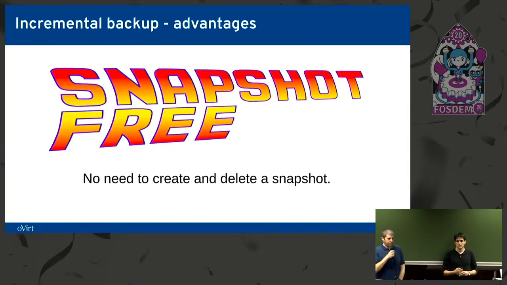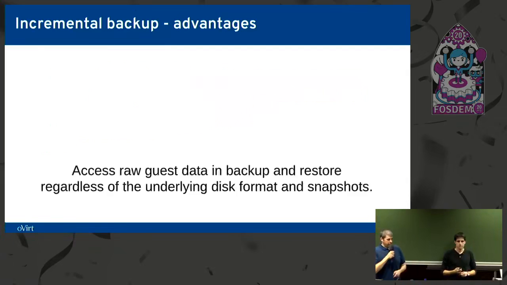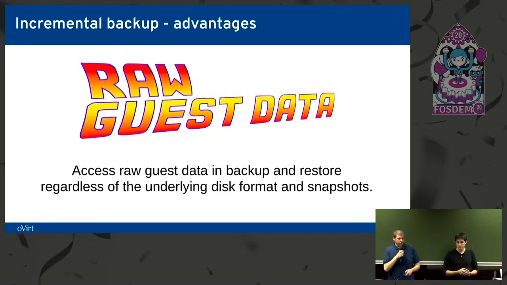Next, we are snapshot free now. No need to create or delete a snapshot, so all the complex operations of managing a snapshot, which can be quite complex as we know, are no longer needed. And next, raw guest data. We can download the data in raw format as the guest sees it. We can convert it later if we want, but raw supports streaming easily, so this is more efficient.